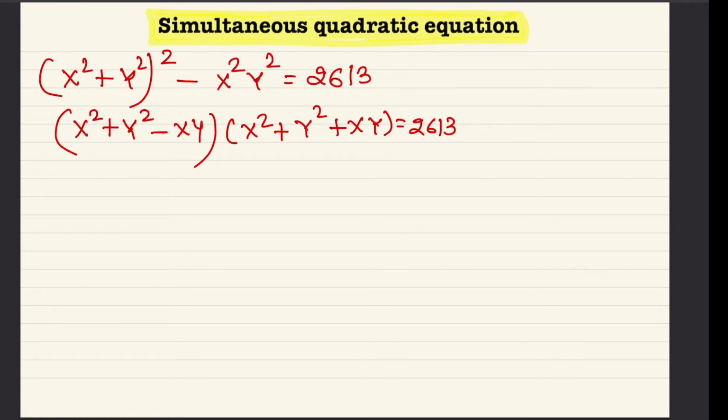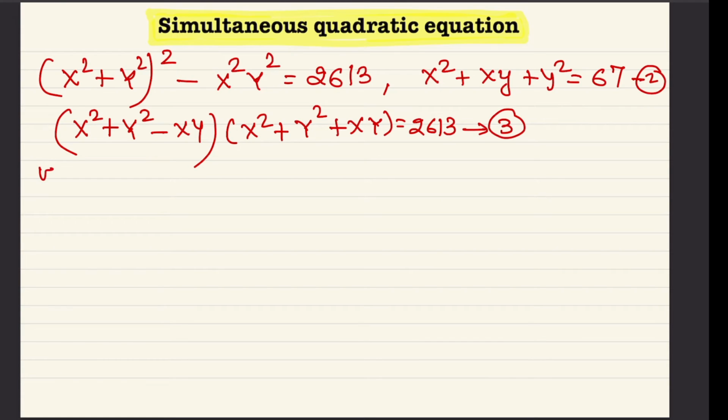Our second equation was x square plus xy plus y square equal to 67. This was our second equation. Let us name this equation as 3. We'll divide equation number 3 by 2.